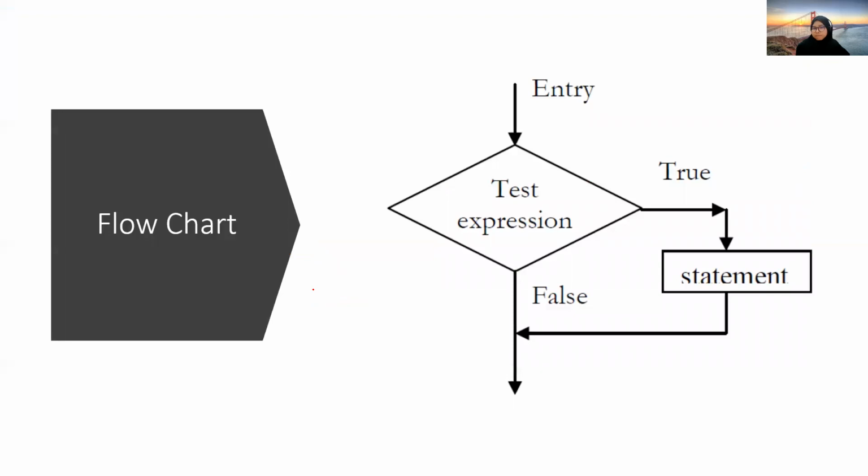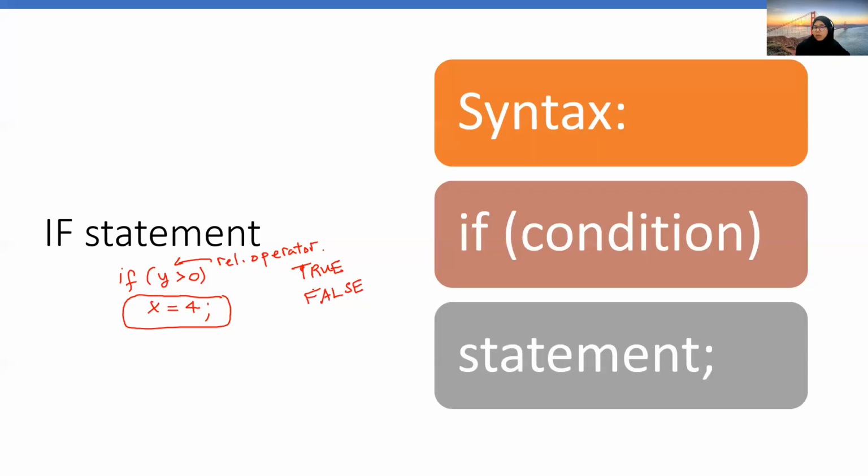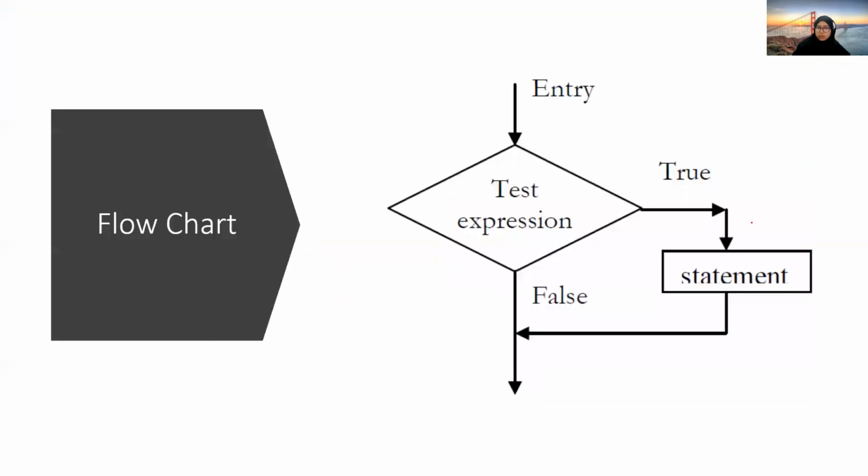Now let's look at the flow chart of this if statement. This is only a single condition. If it's true, it will be executed. In the flow chart you can see entry, test condition, test expression, true or false.